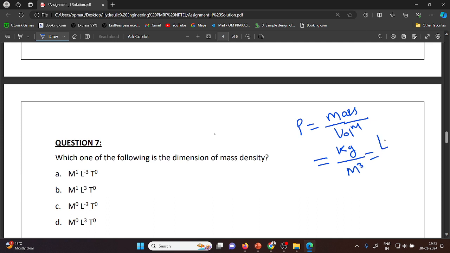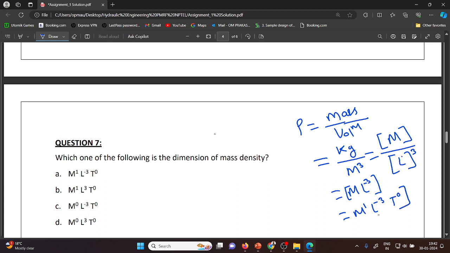If you represent in dimensions, this is M power 1 and this is L cube. So M power 1, L power minus 3, because from the denominator it goes to the numerator. In all options T is there, you can also put the T, no problem. So which option is correct? Option A is correct.